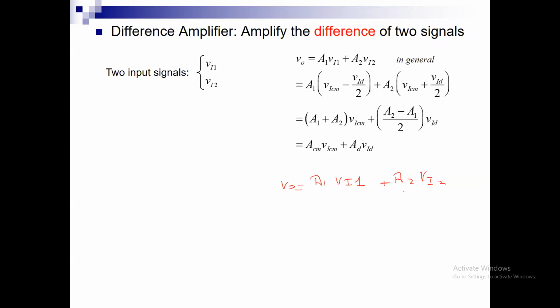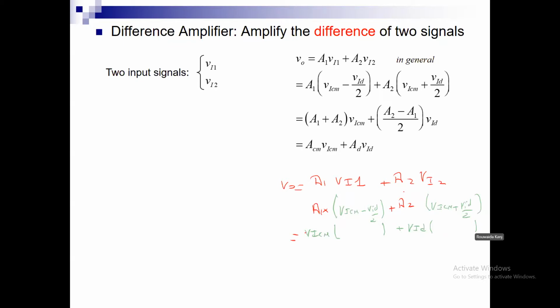What does this mean? Let's see. VI1 is nothing but VICM minus VID over 2, okay? And VI2 is VICM plus VID over 2, okay? And I still have my amplifier here, A1 times this plus A2 times this. So I can group them and I will end up having VICM into something plus VID into something.